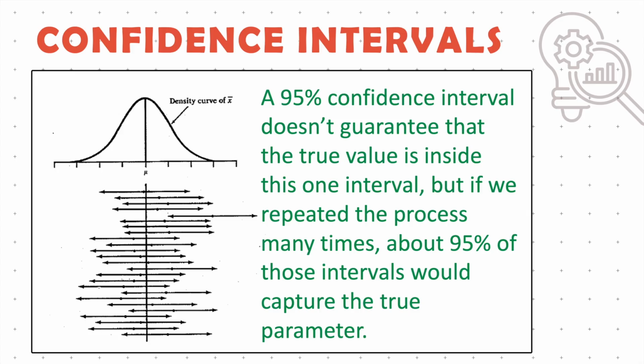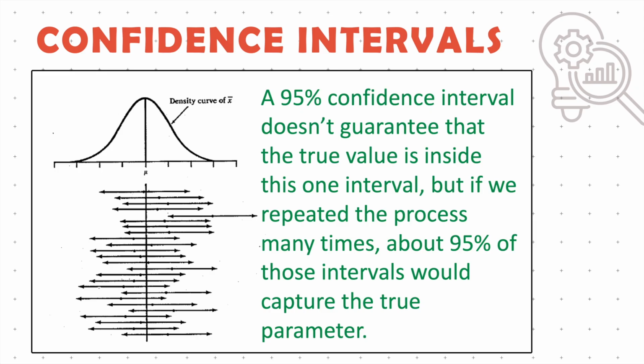When we do a confidence interval, it's tied to a confidence level. A 95% confidence level is very common, but there are other levels as well. So we typically use a 90, 95, or 99% confidence level.